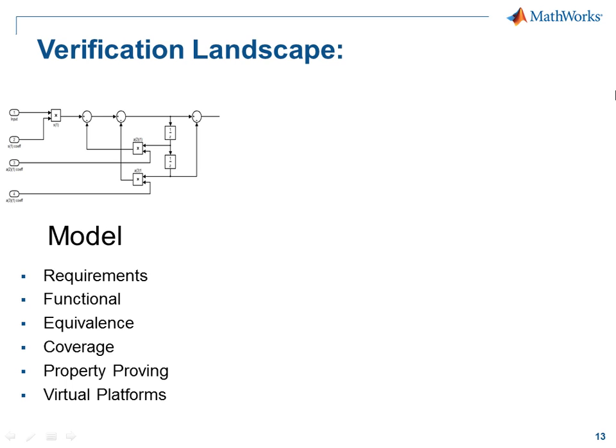Coverage analysis, so how well have I tested my model? Again, it might be an important aspect. Property proving, so you may want to formally prove that certain things can happen or certain things cannot happen. Or ultimately you may want to generate TLM components and take that to SystemC verification frameworks, for instance.